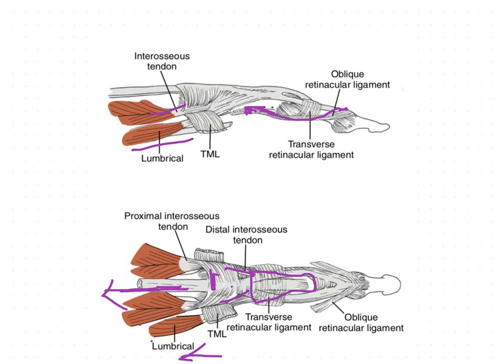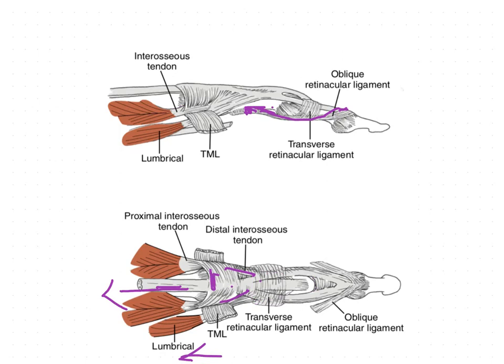Now we will see how this extensor mechanism influences the PIP, that is the proximal interphalangeal joint. What are the structures crossing dorsally at the PIP?